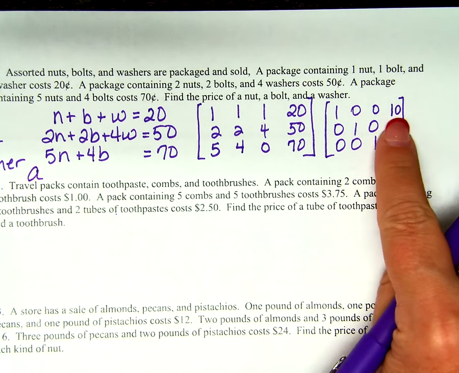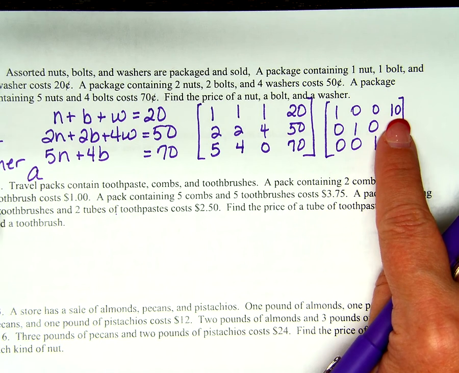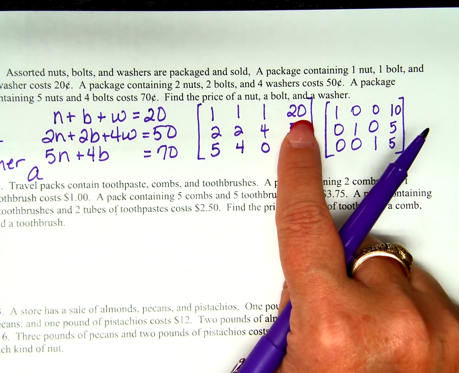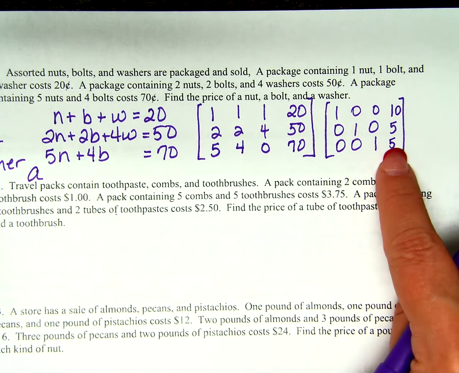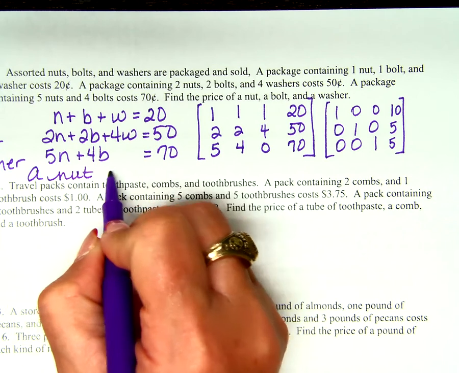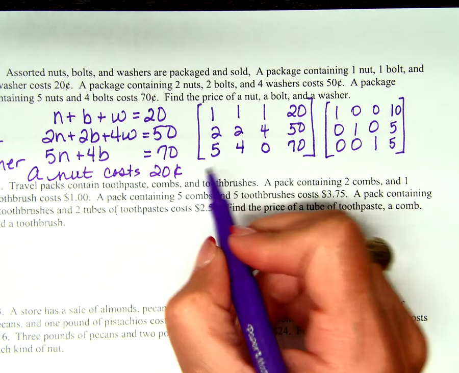Oh, wait, how do you know that's 10 cents and not just 10 like dollars? Yeah, the context of the problem, right? You see it was okay for us to use 20 without having to worry about whether that was $20. We just have to take into account how our answers show up. So a nut costs 20 cents.